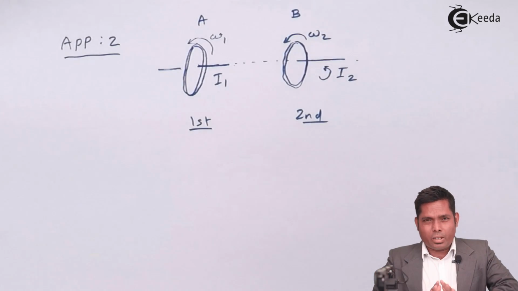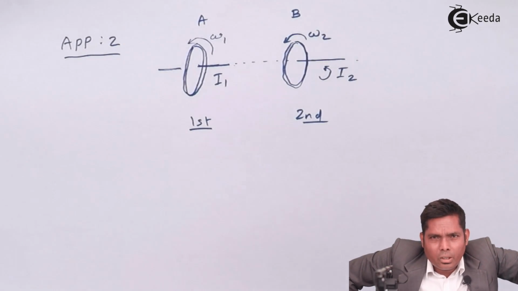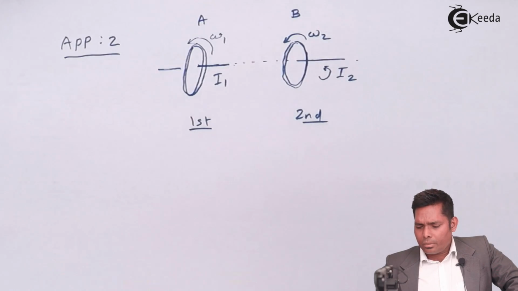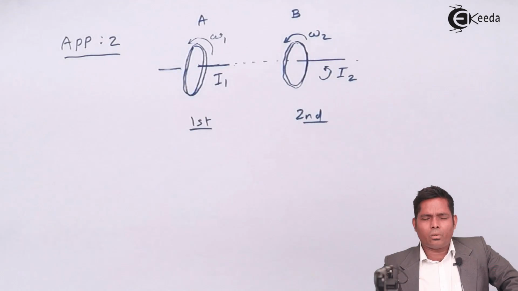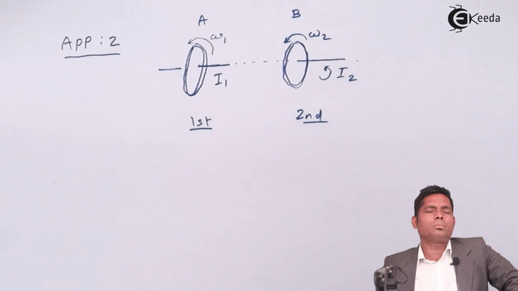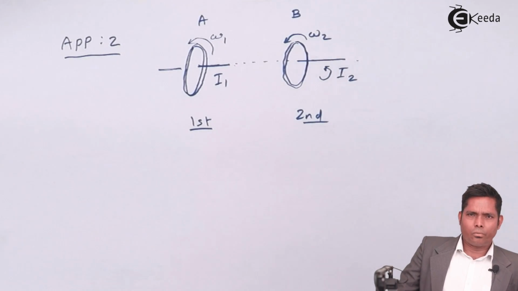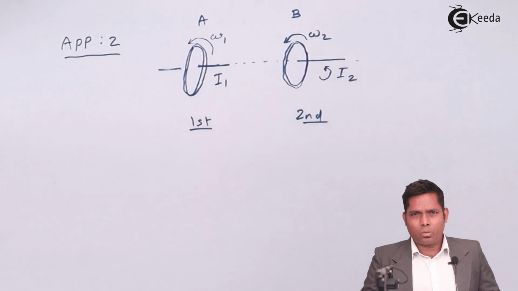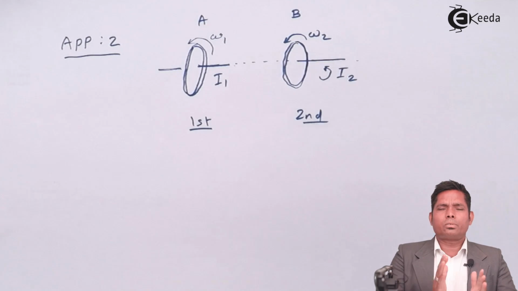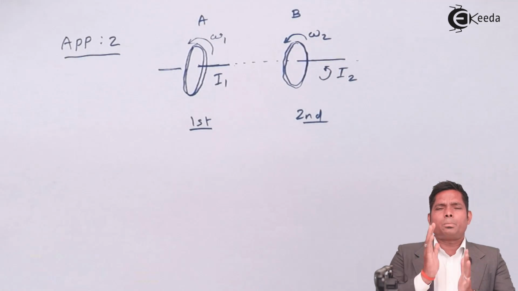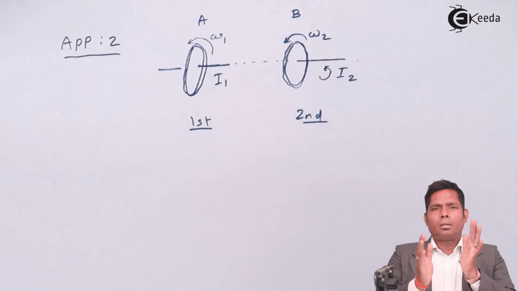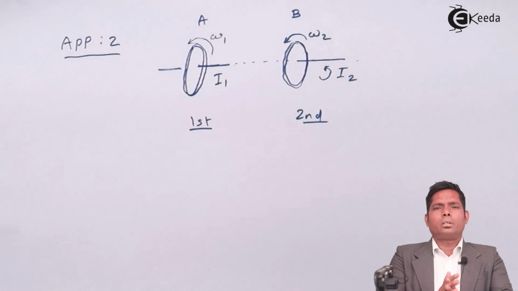When they are put together, they are made to rotate as a single disk. Then this omega will change, or the frequency will change, and it will have some other common frequency, a common omega, for both. One was moving faster, one slower, but together they move with another omega.